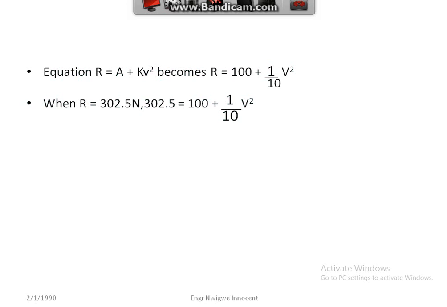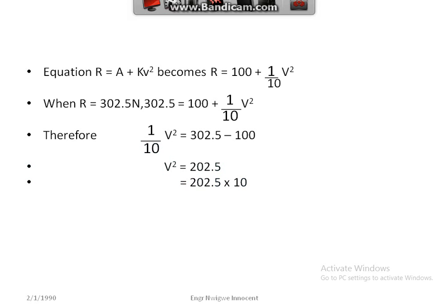Then, since we are looking for v, we take v to the left hand side and the figures to the right hand side. Then we have 302.5 minus 100. V squared will now become 10 times 202.5, which is 2025.